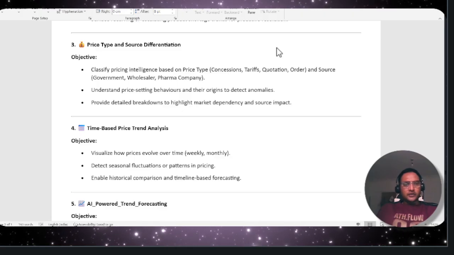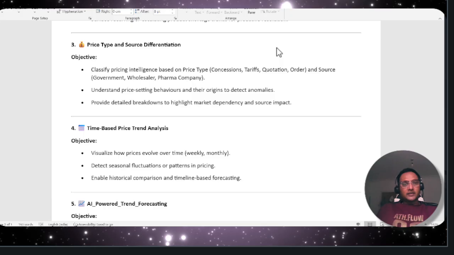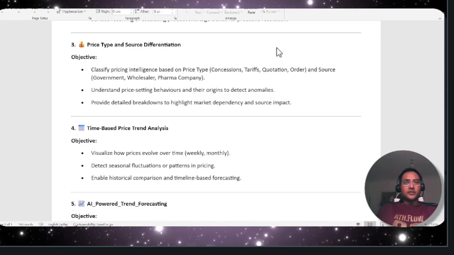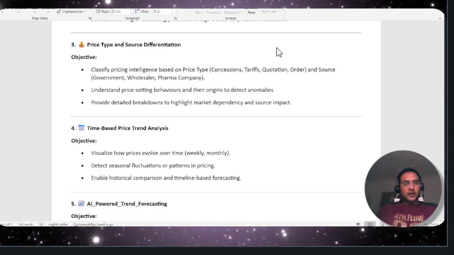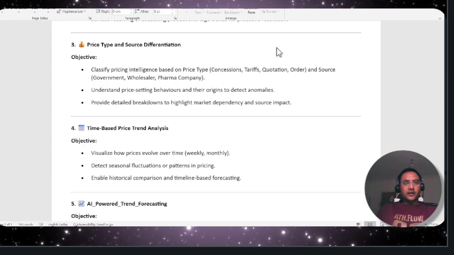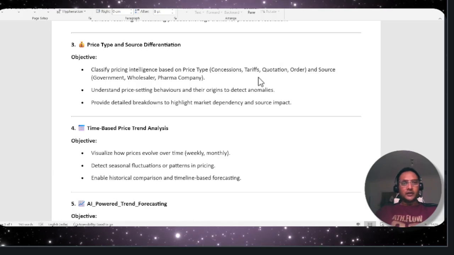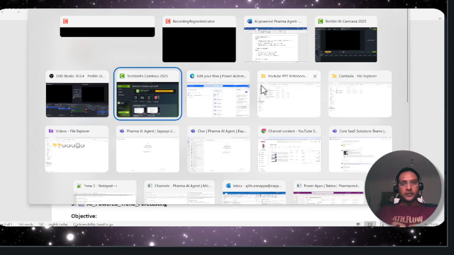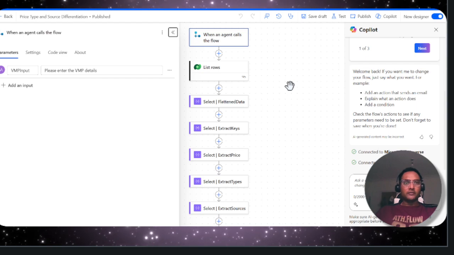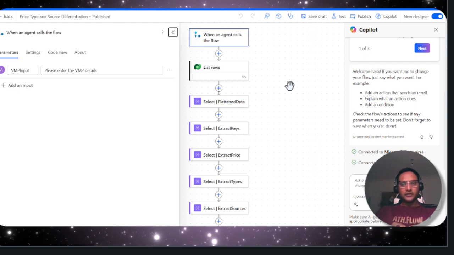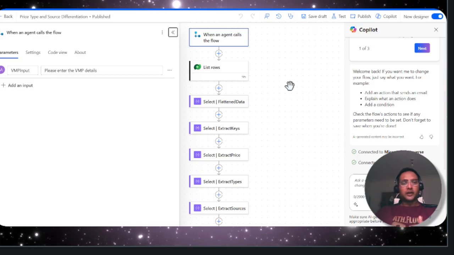This is basically to understand price setting behaviors and their origins, to detect anomalies, and provide a detailed breakdown to highlight market dependencies and the source impact. I'll explain the flow here, what I've done, each step, and how it has been split.